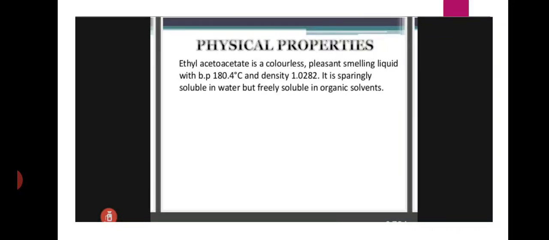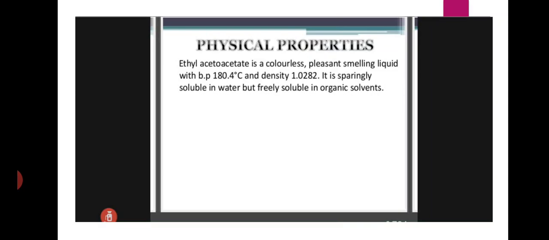Okay, next is the physical properties of ethyl acetoacetate. Ethyl acetoacetate is a colorless, pleasant smelling liquid. The boiling point of ethyl acetoacetate is 180.4 degrees centigrade and the density is 1.0282.